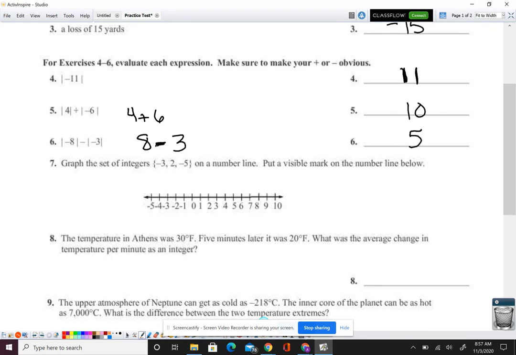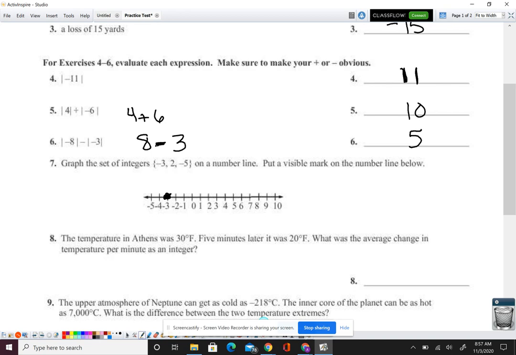Number 7, graph the set of integers. So what you're doing is you're putting a visible mark on the number line. You can put it right above the number line, or you can put it on the number line. I don't care, but it has to be in the right spot. So -3, we're going to go to -3. We're going to put a visible point because I don't want to be searching for where your dots are.